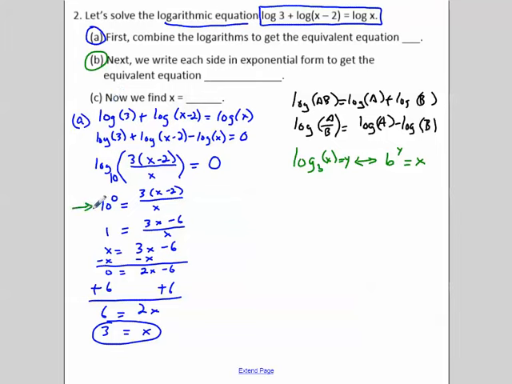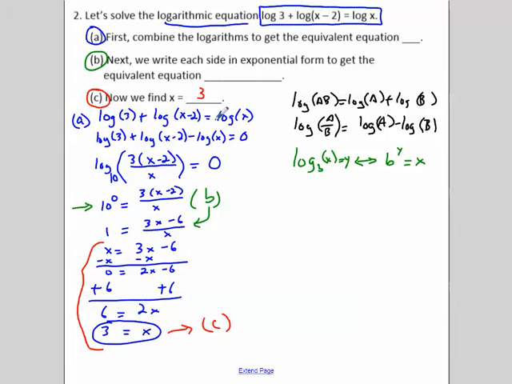Right here is our question B. There's our equivalent equation: 10 to the 0 power equals 3 times x minus 2 over x, or this one here. Either one of these would be okay. And step C was basically we just solve. Step C was all the rest of the stuff. We're taking this and solving to get x equals 3, and we're done.